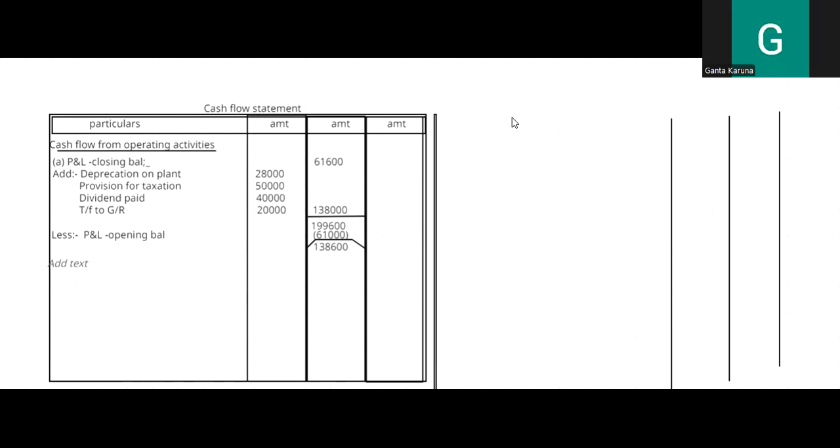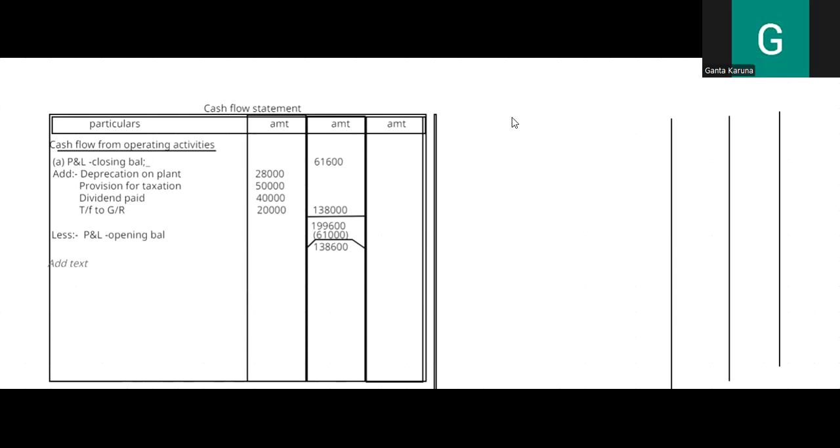So here again, my everything is add and add. So that's why my adding part is clear. Be careful. Adding part is decrease in working capital. So I'm going to take decrease in current asset will be my adding part, and increase in current liability will be my adding part.